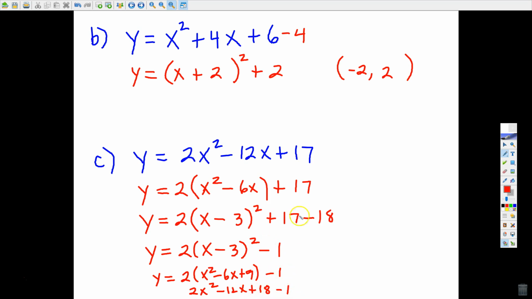And now when we combine like terms, we are going to get 17 as our constant at the end. And so I'm feeling confident that this represents the vertex form. And so our vertex is the point 3, negative 1.